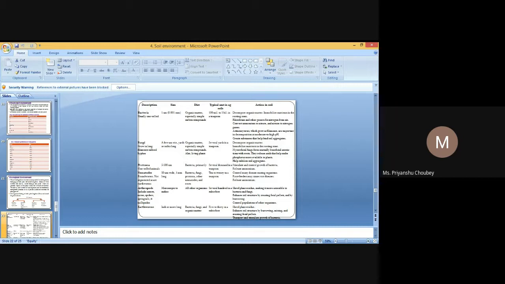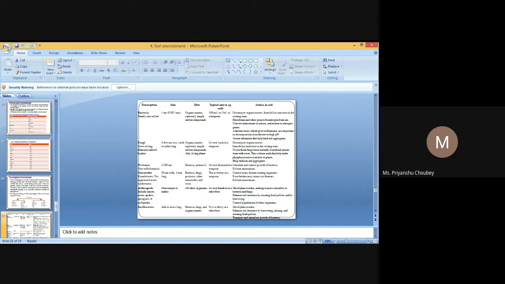Protozoa are one-celled animals. Nematodes are roundworms, not segmented as earthworms are. They are 5 to 500 mm long and 60 mm wide. They feed primarily on bacteria, fungi, protozoa, other nematodes, and yeast.